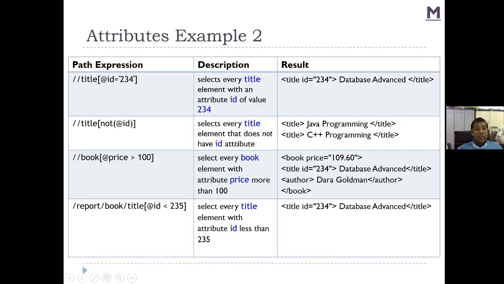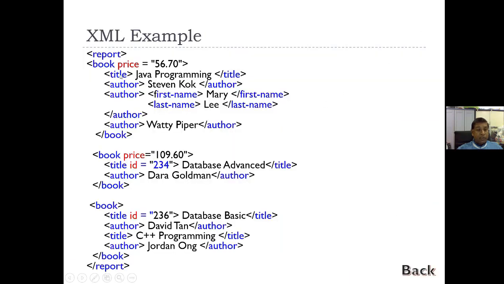So it will give you the output without attribute: title Java programming, title C++ programming. So if you go back to the example here, without ID, you look at here, so here without ID, here we have ID, it will not show you. Here without ID, you see it will show you these two, Java programming and C++ programming.